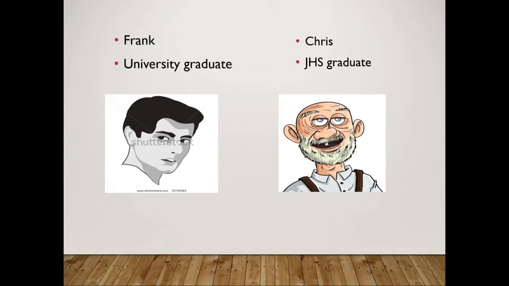Okay, let's continue. Look at these pictures. They are Frank and Chris, right? Frank is a university graduate and Chris is a junior high school graduate. That is from education. And the second, about age. Of course, Frank is young and Chris is old. And how about the comparison sentence?